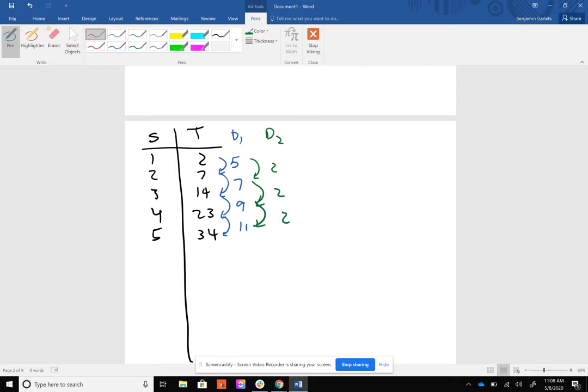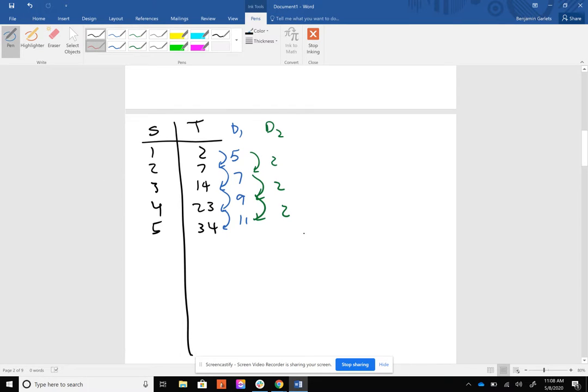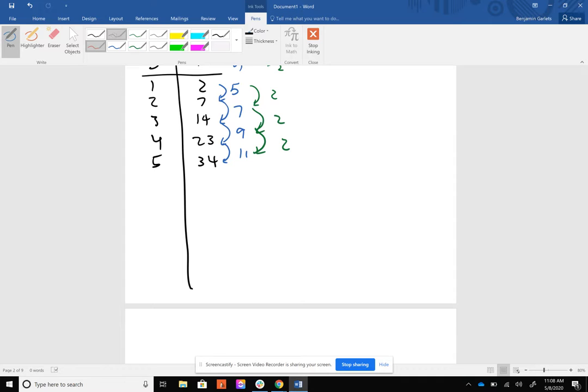And so from this point, I don't need to draw any more pictures. I have my pattern. So I know that for 6, that shouldn't be red, it should be black. I'm going to add 13. So I'm going to get 47. And for 7, I'm going to add 15. So 62.